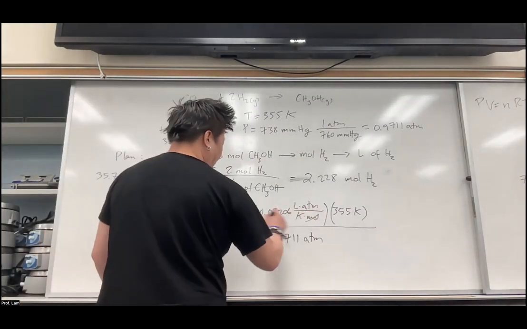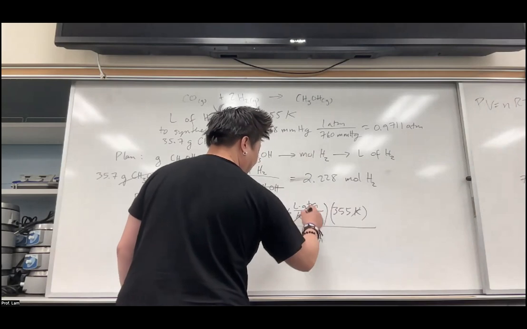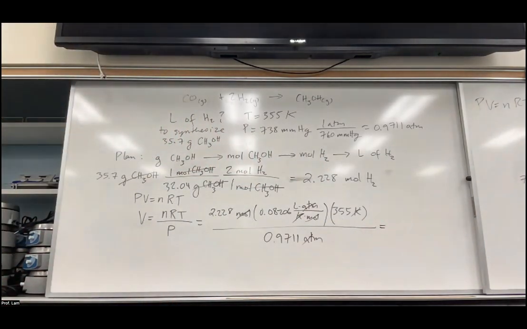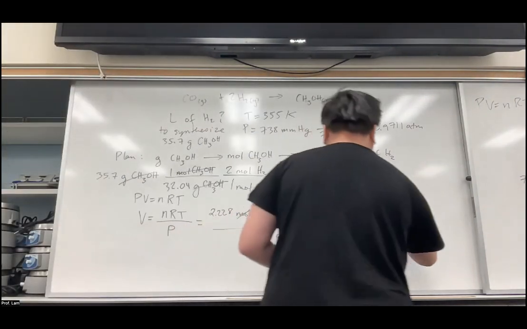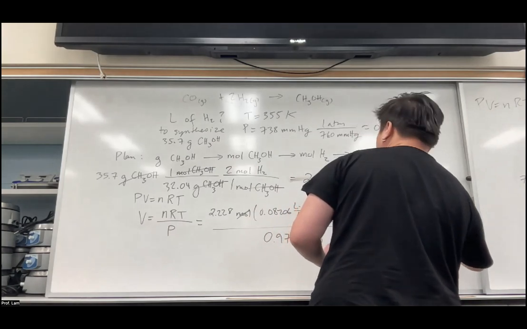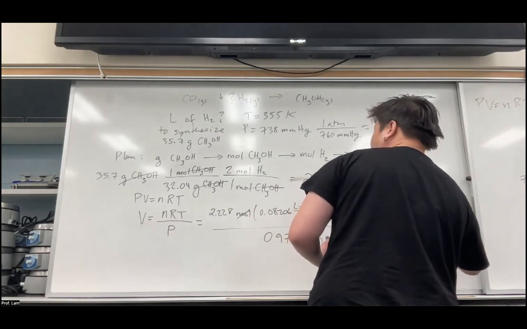And then mole cancels, Kelvin cancels, ATM cancels, and we'll get 66.9 liters of H2.